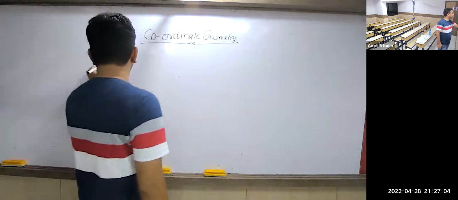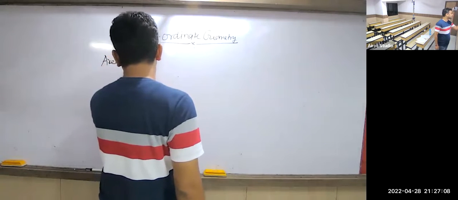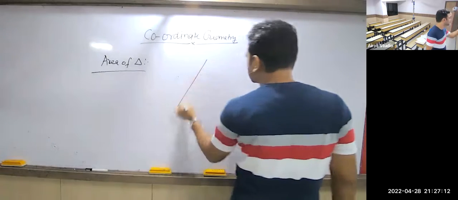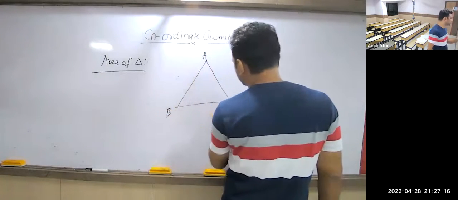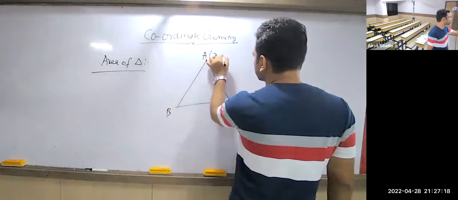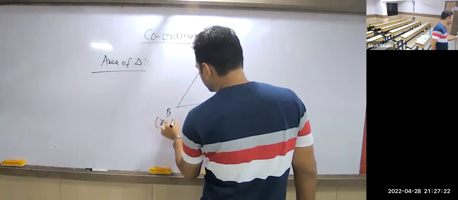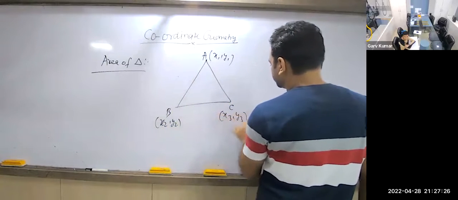Next is how we find the area of a triangle if the coordinates of the vertices are given. Let's say we have this triangle ABC with coordinates x1, y1 and x2, y2 and x3, y3.